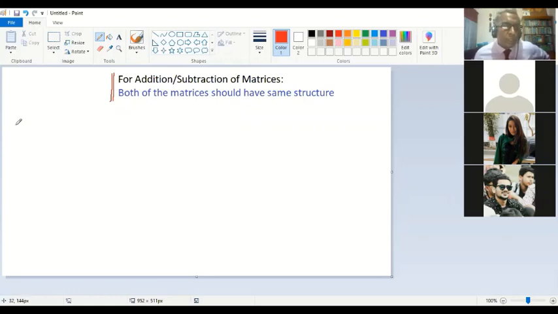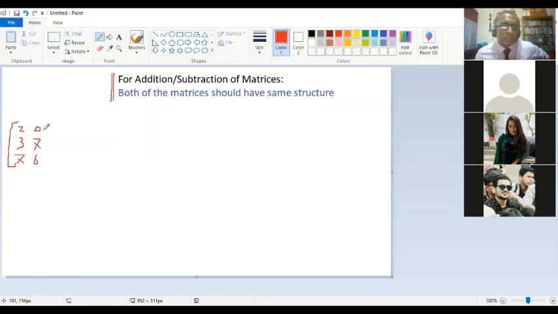So let me take one example. Say I am writing one matrix: 2, 3, 7 in one column and 0, 7, 6 in the other.